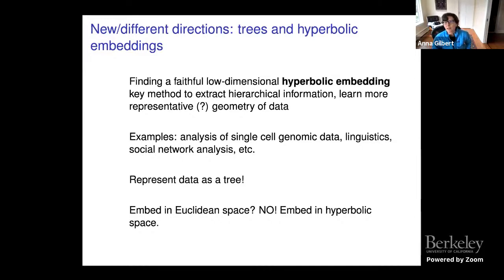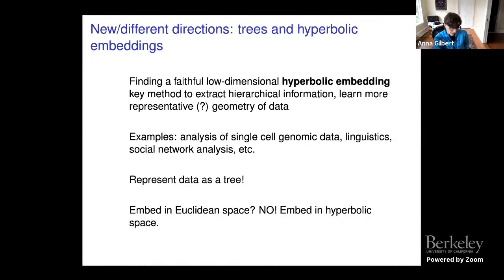And so that actually got us thinking, oh, maybe we want to do some sort of embedding or representation, or find the closest specific kind of metric, like a tree metric, or embed the points in some hyperbolic space. So find the set of distances in hyperbolic space that best represents the data.